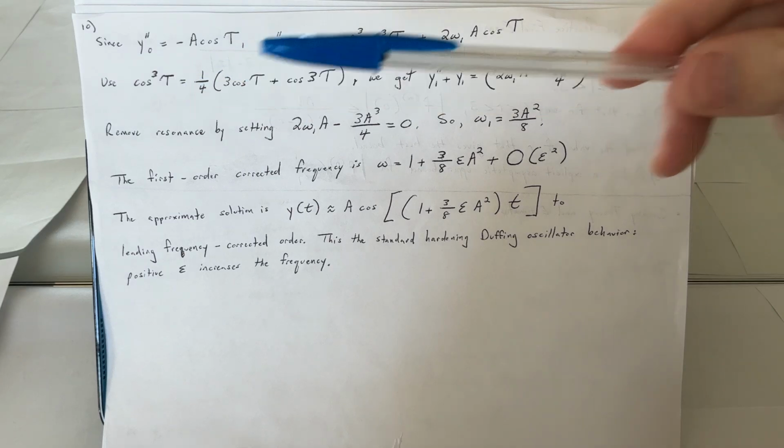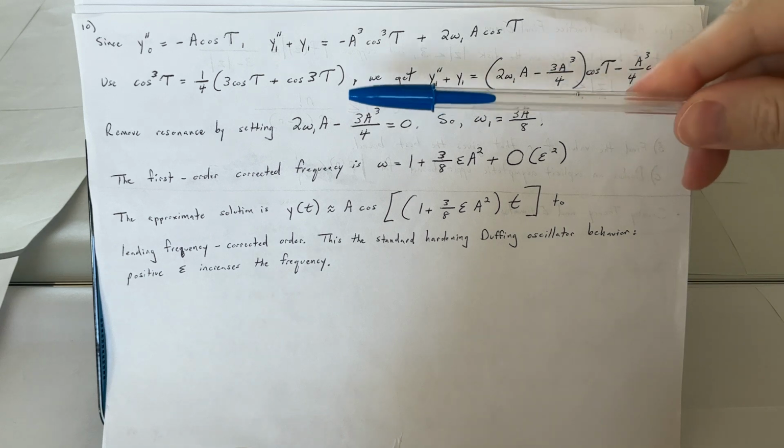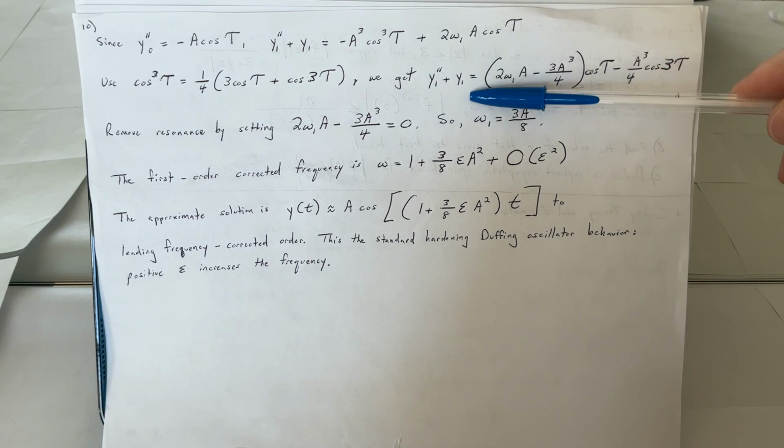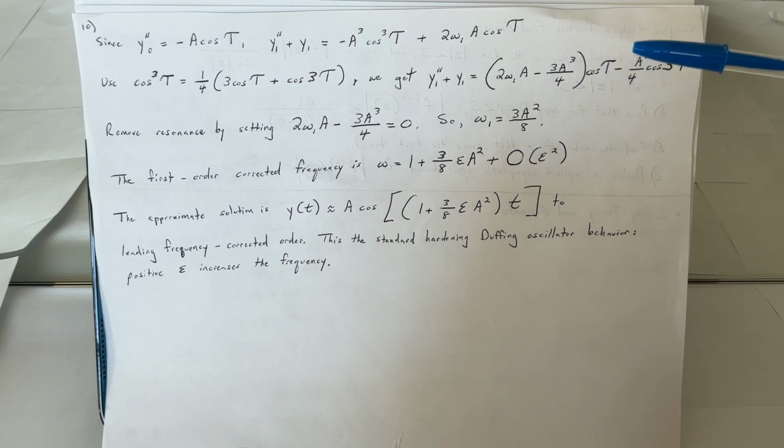Using cosine cubed tau equals 1/4 times the quantity 3 cosine tau plus cosine 3 tau, we get y sub 1 double prime plus y sub 1 equals the quantity 2 omega sub 1 a minus 3a cubed over 4 times cosine tau, minus a cubed over 4 cosine 3 tau.